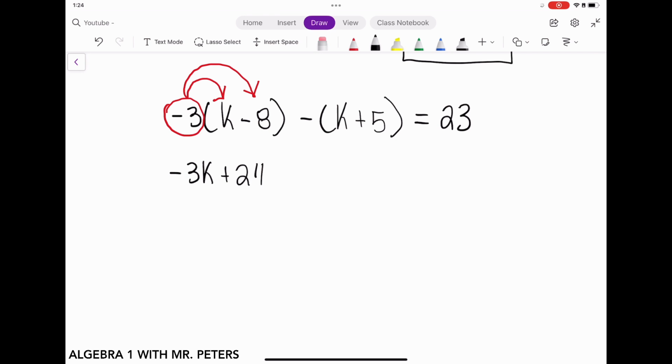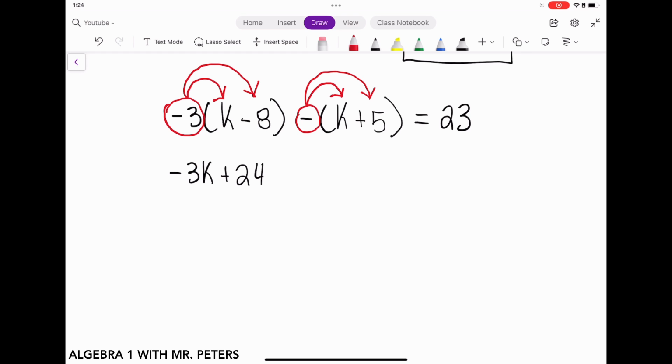Now I want to do the same thing with this negative sign in front of k plus 5. The funny thing with this part is there is no number in front of that parentheses. We just see a negative sign. So imagine that it's a negative 1.